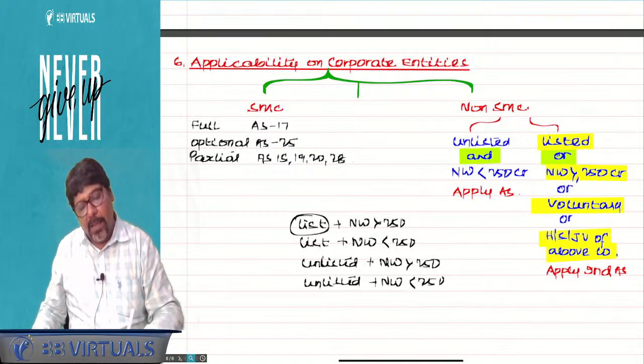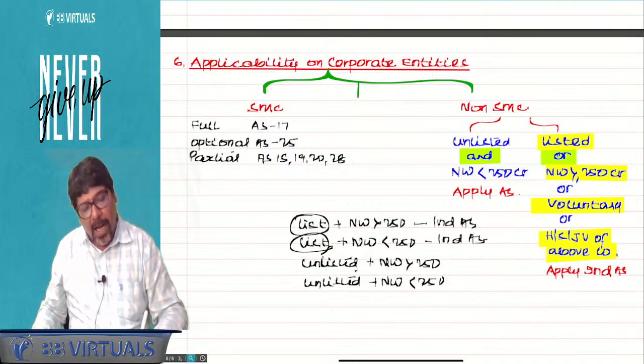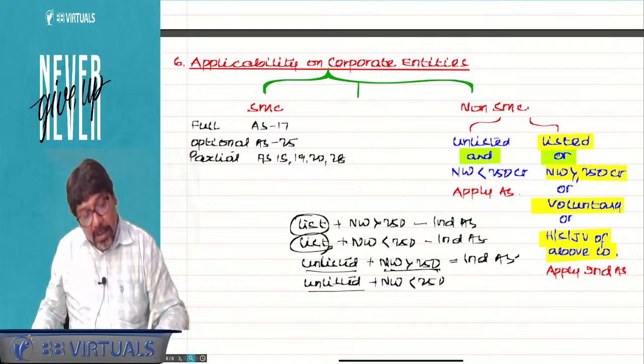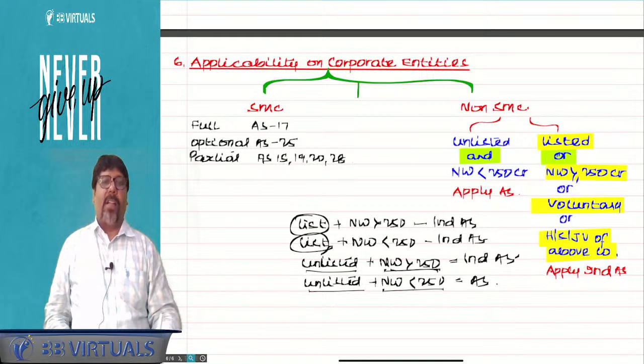Listed, one condition satisfied, Ind AS. Unlisted but net worth is greater than 250, Ind AS. Unlisted and net worth also less than 250, then only apply AS.